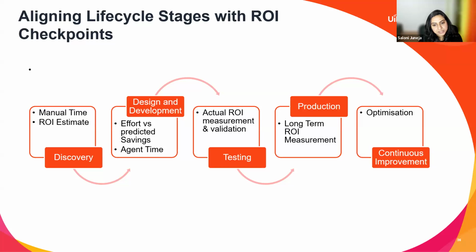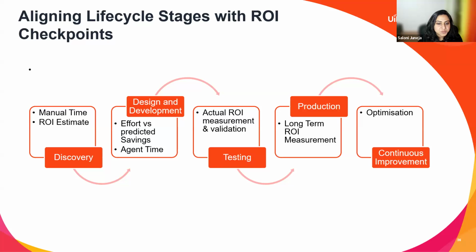Now, when we have reached the design and development phase, it's the time when we calculate the actual effort, because when you have developed, now you know what the time the agent is taking is, which will help you predict the savings that you would have for the entire automation that you have done. And in the testing phase is when you actually do the actual ROI measurement and validation.